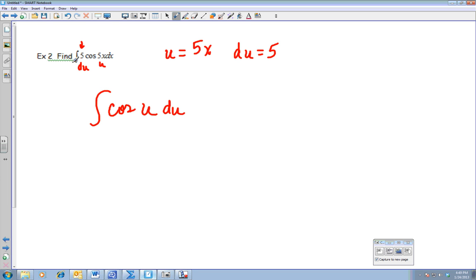Okay, so now we're going to integrate. The antiderivative of cosine u is sine u plus c. After we integrate, we're going to substitute our u back in. Sine 5x plus c.